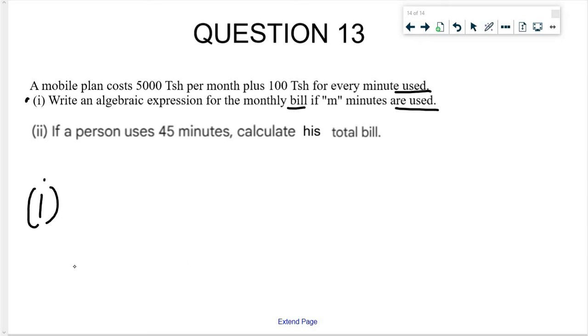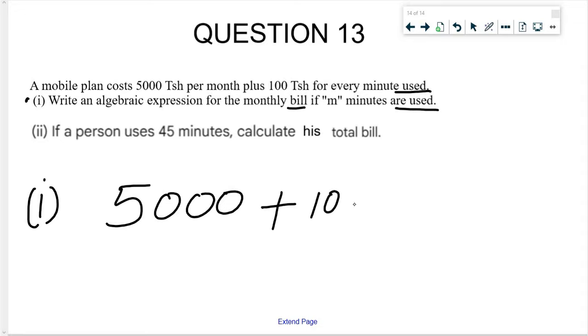The first question. A mobile plan costs 5,000 Tanzanian shilling plus 100 Tanzanian shilling for every minute, a certain number of minutes used, which is m. So write an algebraic expression.